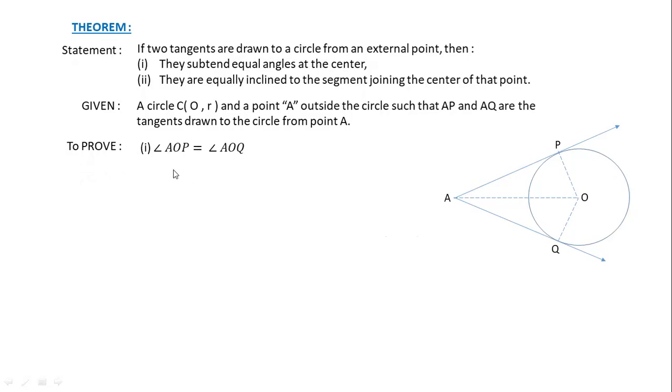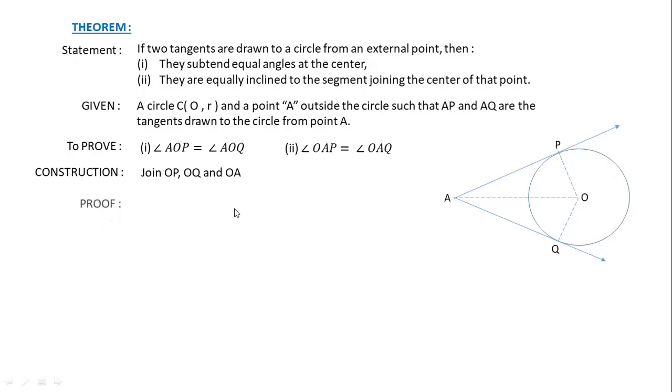You have to prove that angle AOP, that is this angle, and this angle, both are equal, and that also this angle and this angle are equal. That is OAP and OAQ. These two angles are also equal. So the construction part was this: join OP, OQ and OA.